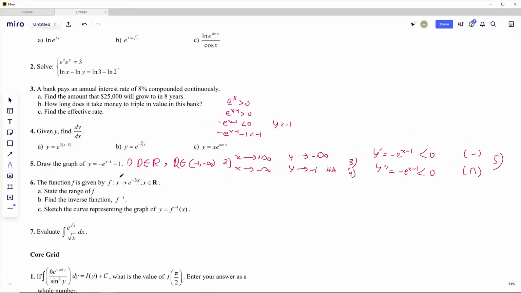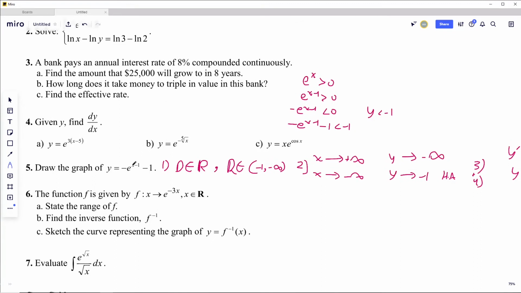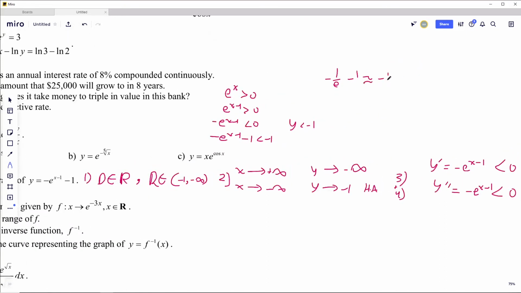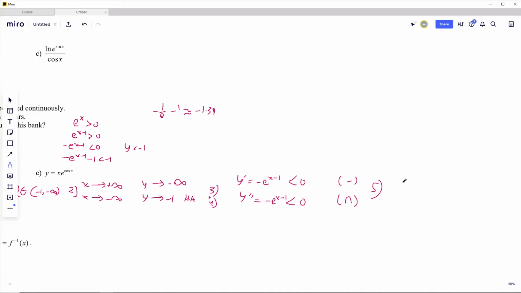Because placing a number is easier than finding a number. So place 0, 0 minus 1, minus 1. E to the minus 1 is nothing but 1 over e. Minus here and minus 1. So all I did was just place 0 in here. This is approximately, I believe, minus 1.373, anyways, so yeah, we found our y-intercept, which is when you have x as 0.